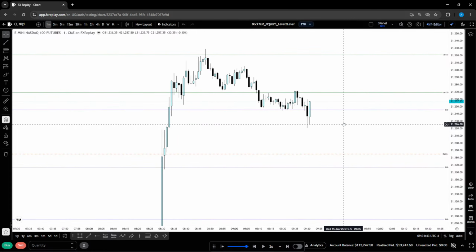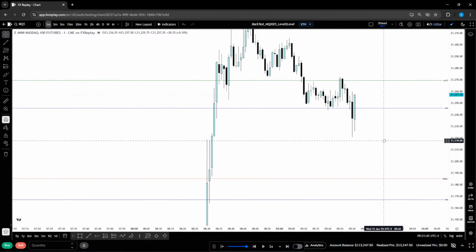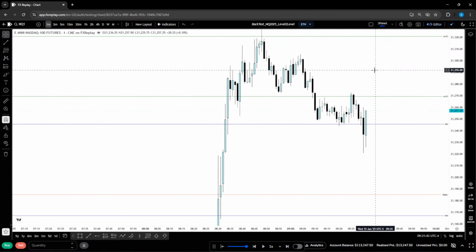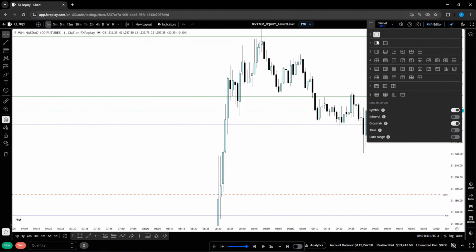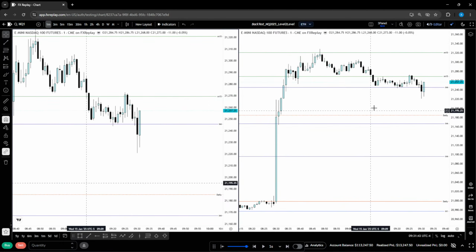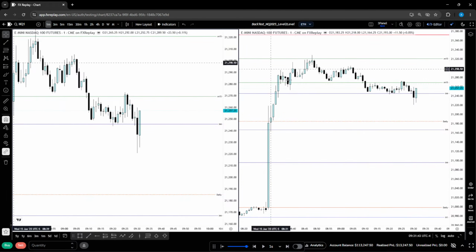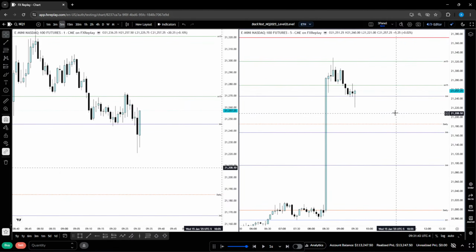Look at the lower time frame also. Or I could go to this, the one over there, and then the main one is going to be the 5.